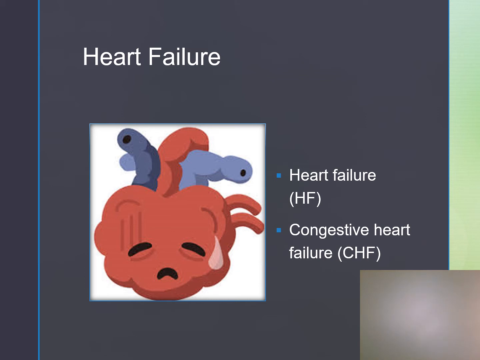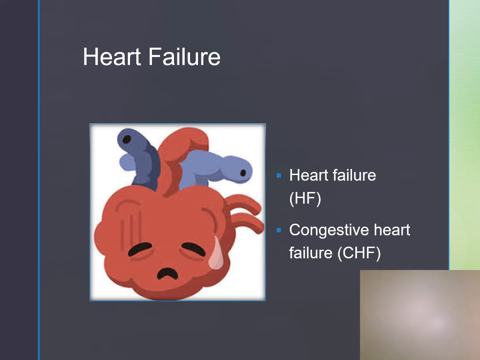The ventricles also, with the stretching of the ventricles or the overfilling of the heart, are going to secrete the neurohormone B-type natriuretic peptide, also known as BNP, which is very specific to heart failure.